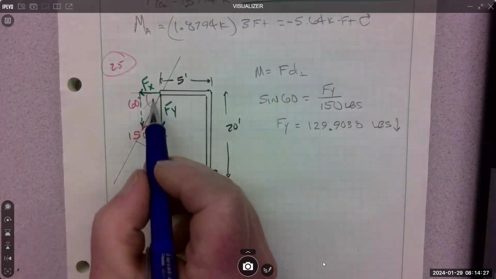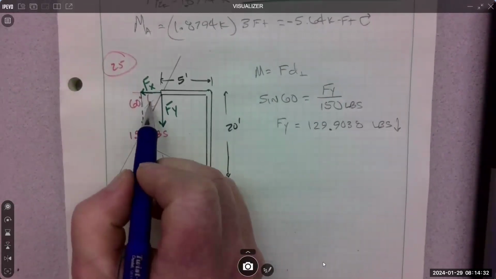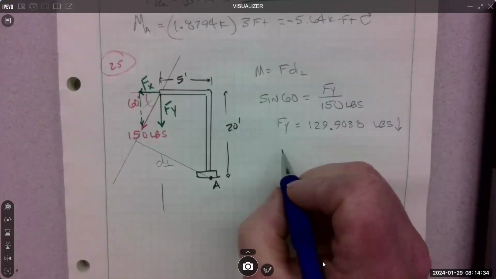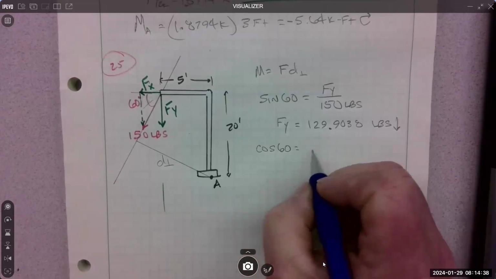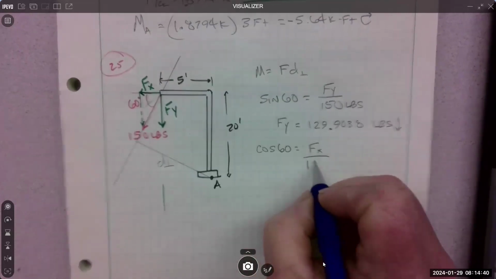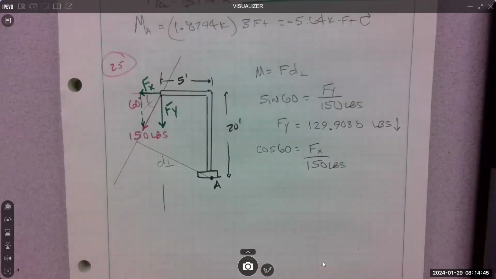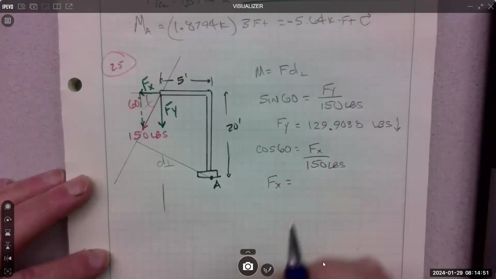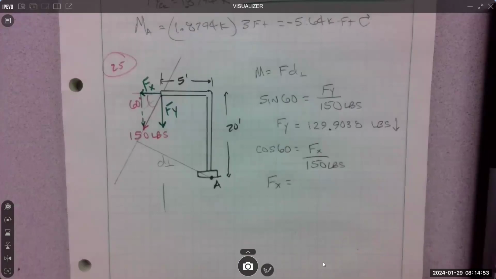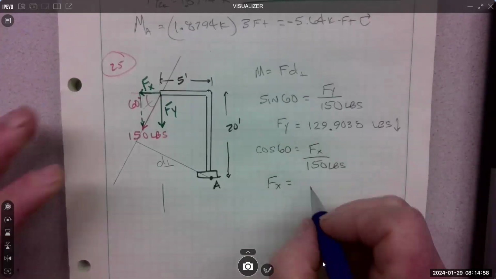Right, that's just working this triangle here. And then X would be cosine. 75.